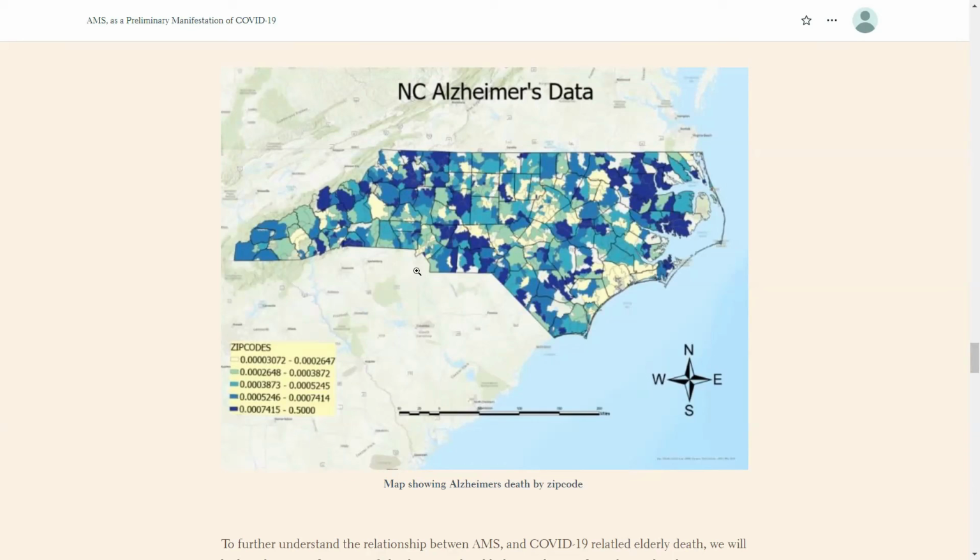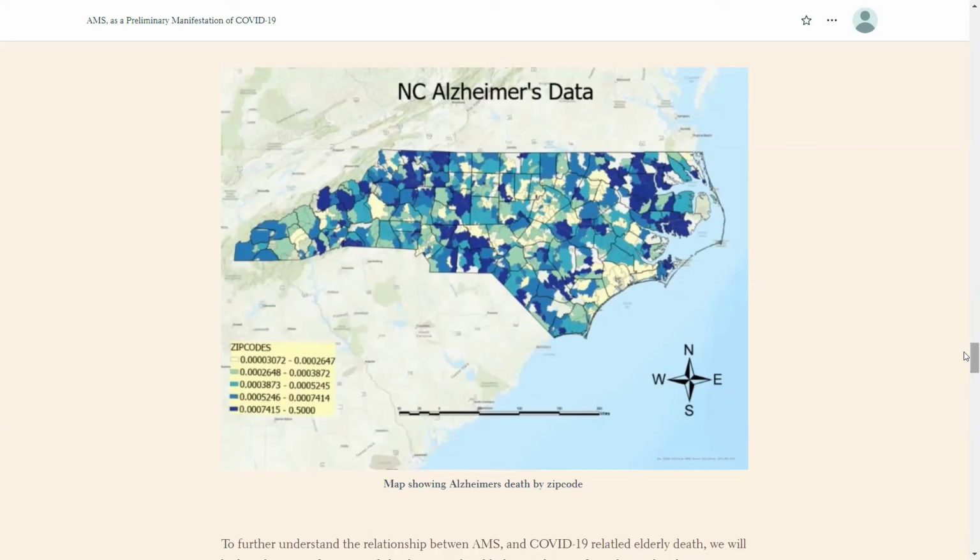Now, this is a graduated color map, and I used a quantile form of classification to get a precise distribution of the deaths by population. I used this color distinction to portray quick distinctions between these groups of classification.